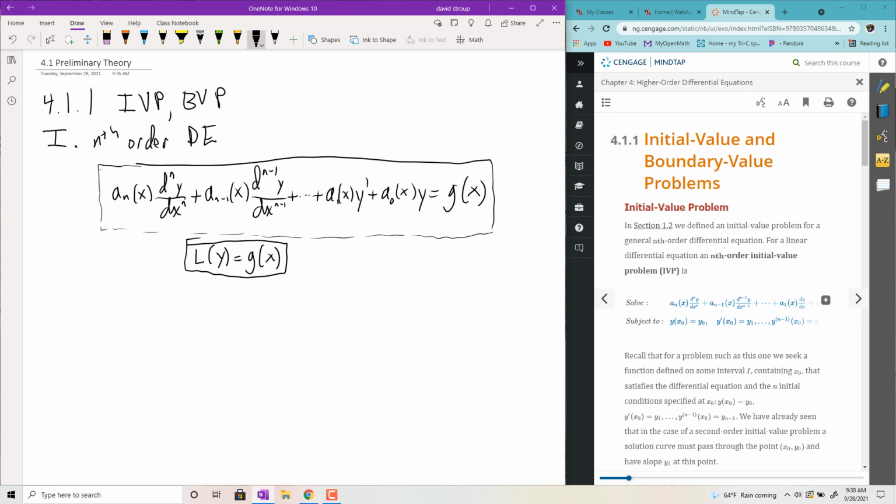Here we're working with an initial value problem or boundary value problem. For initial value problems, you'll have n initial conditions.